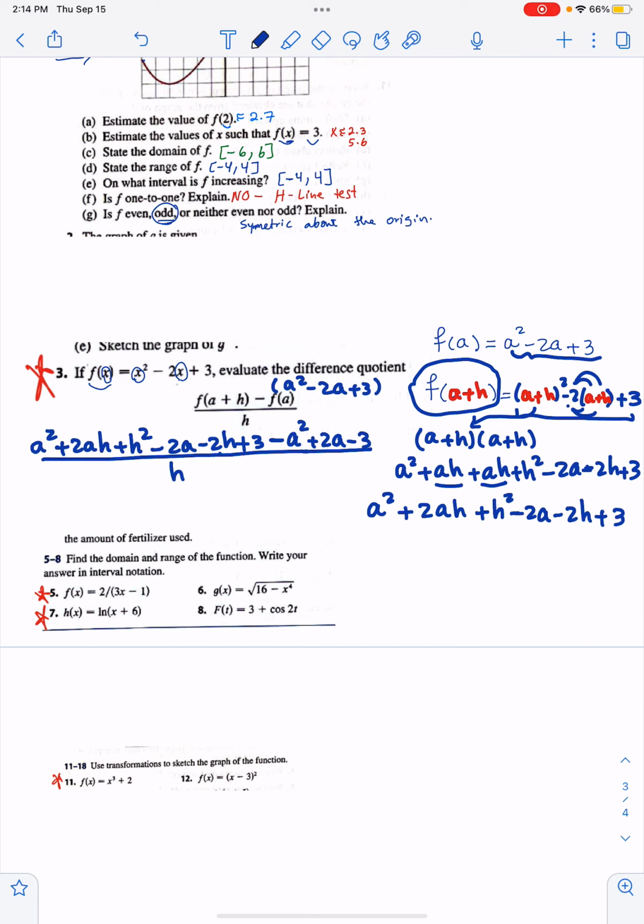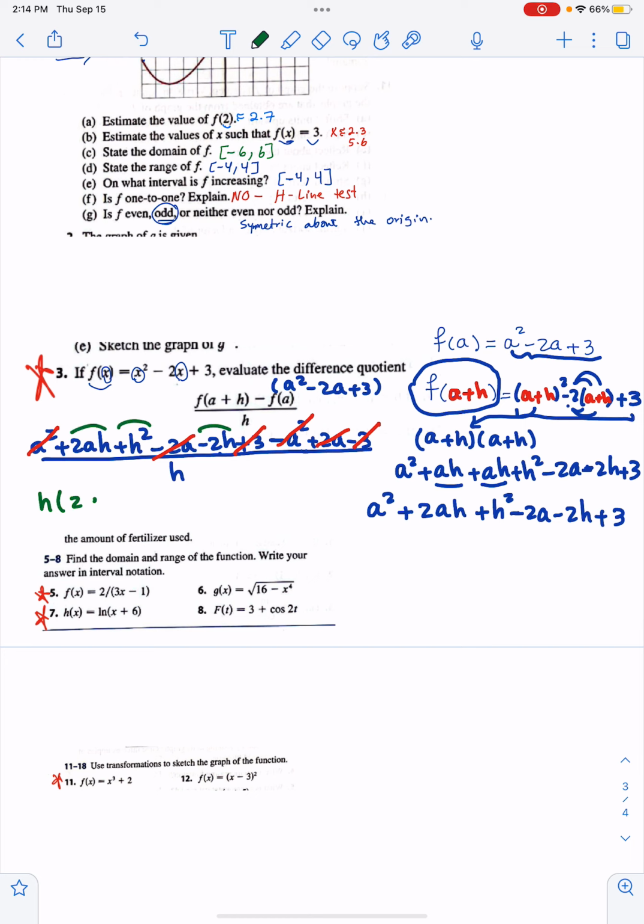All divided by h. Now it's the fun part of canceling. A squared minus a squared. Positive 2a, negative 2a. Positive 3, negative 3. All you're left with is 2ah, h squared, and negative 2h, and among all three of them, I can factor h.